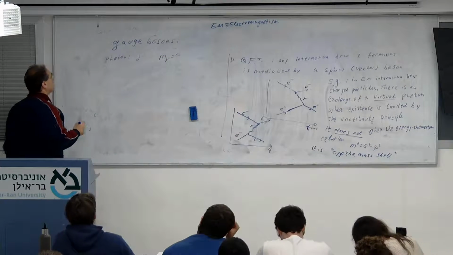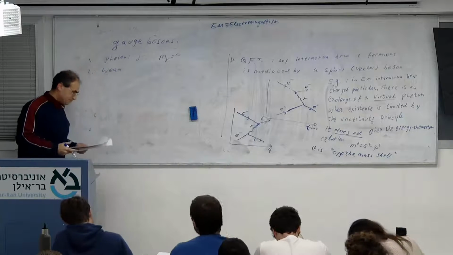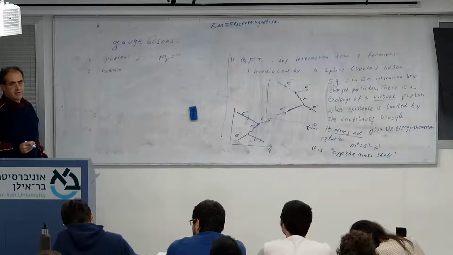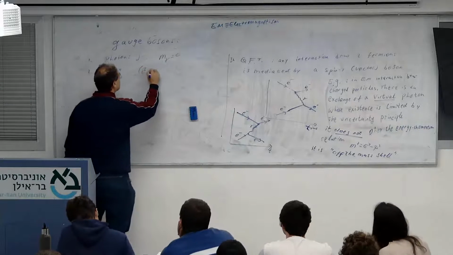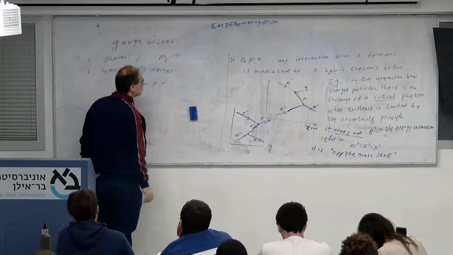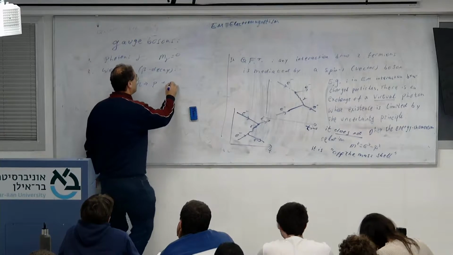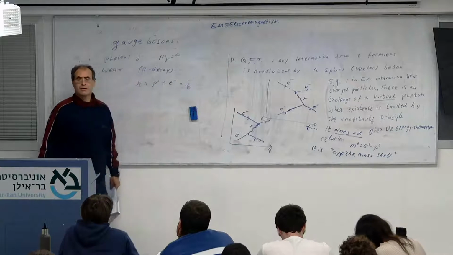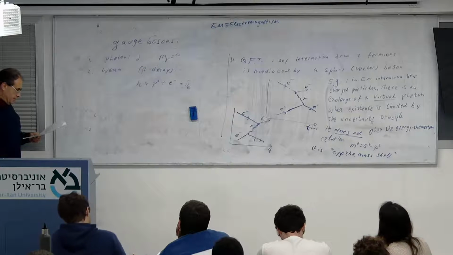Then we have the weak interaction. That's responsible for beta decay. Beta decay is normally what you see in decays all the time. So beta decay is when a neutron goes to a proton plus what? Electron. Charge is conserved, plus an electron anti-neutrino, because electron number needs to be conserved as well.